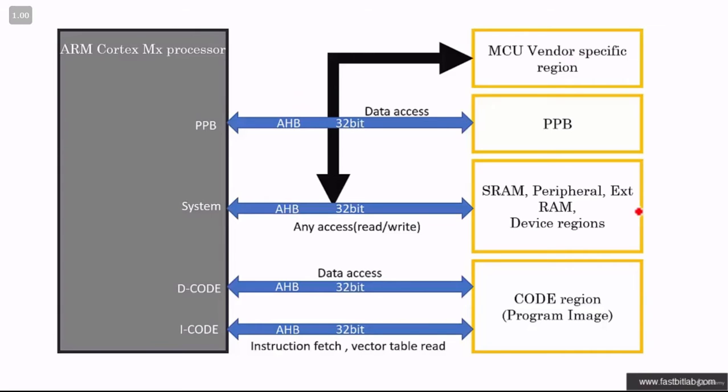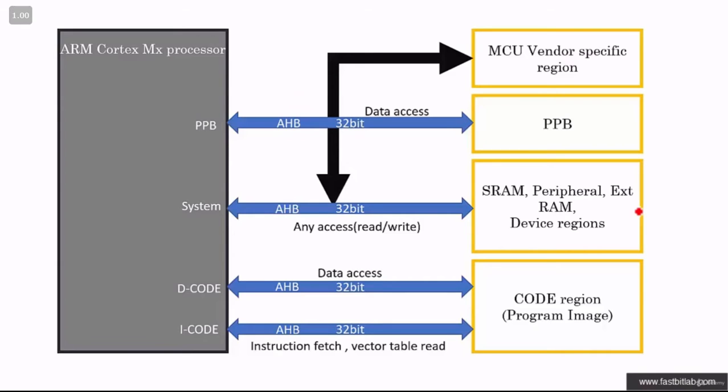Any data memory access, that is RAM access, is carried out over this bus. And also access to the various peripherals of the microcontroller such as ADC, DAC, timers, CAN. All these are peripherals of the microcontroller. Those communications will be carried out over this system bus, which is also an AHB bus of 32-bit wide.